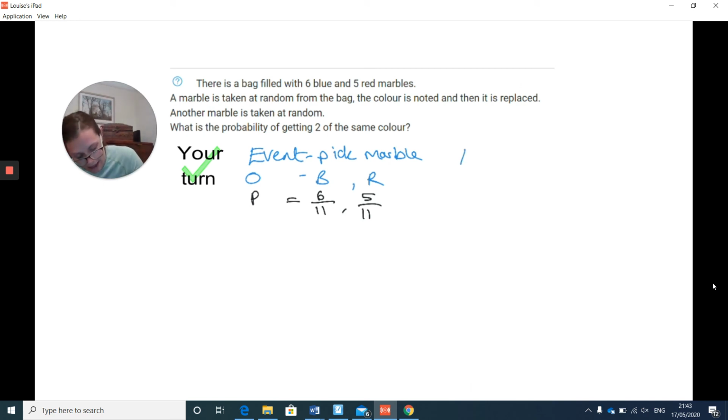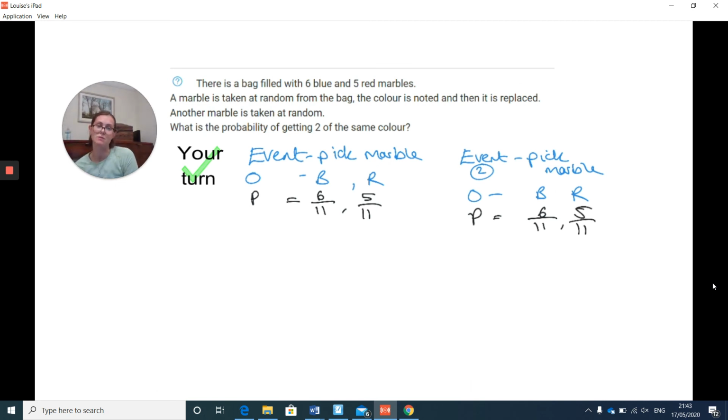Then we have a second event because you put the marble back, so event 2, and you pick another marble. So it's the same title, you're going to pick another marble. Your outcomes are the same, blue or red, and actually the probabilities haven't changed either because you have put the marble back in, so you're repeating exactly the same experiment.